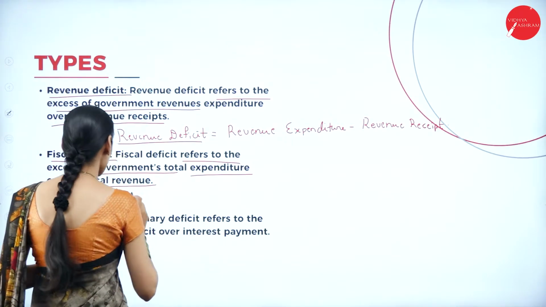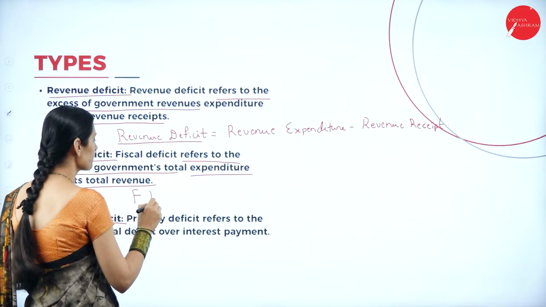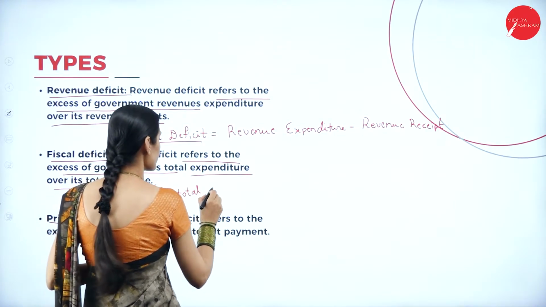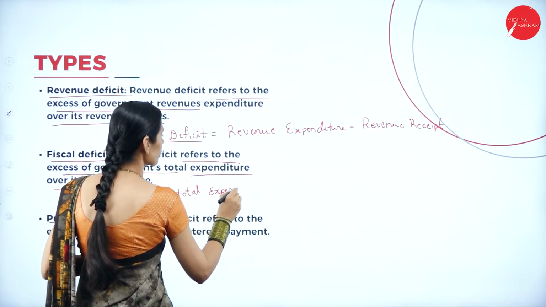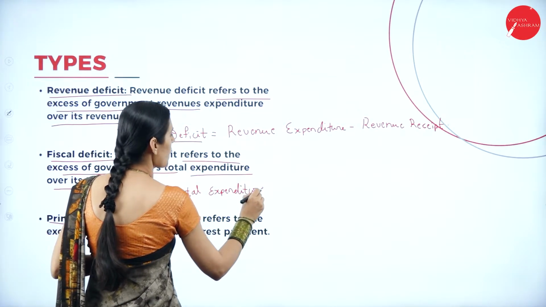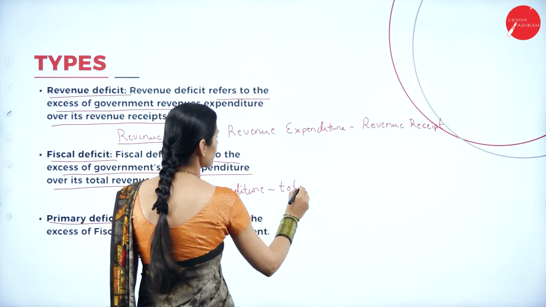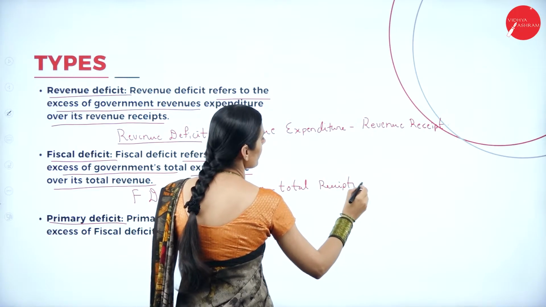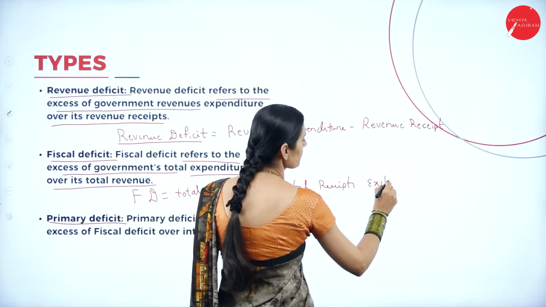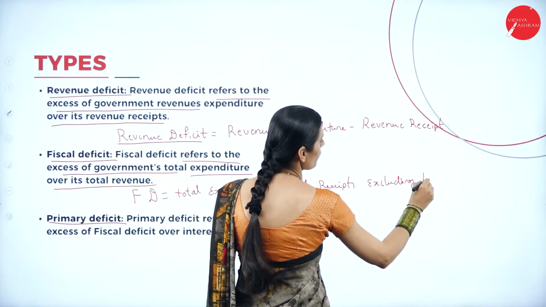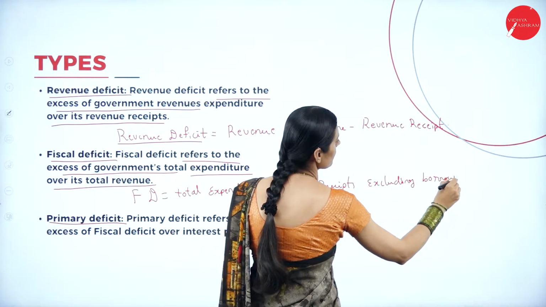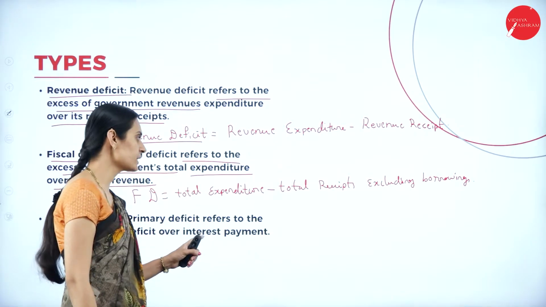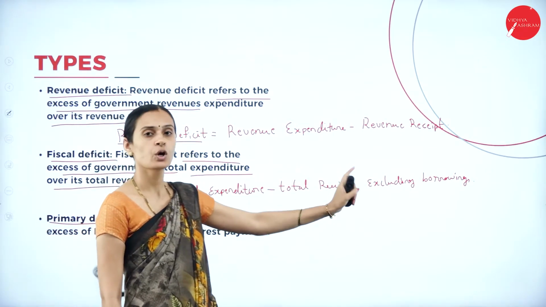So how to write that? Fiscal deficit equals total expenditure minus total receipts excluding borrowings.